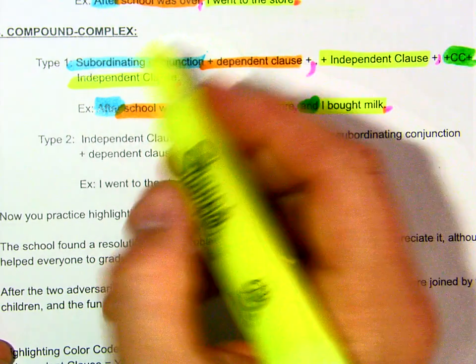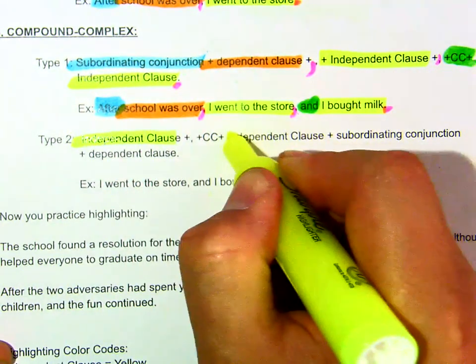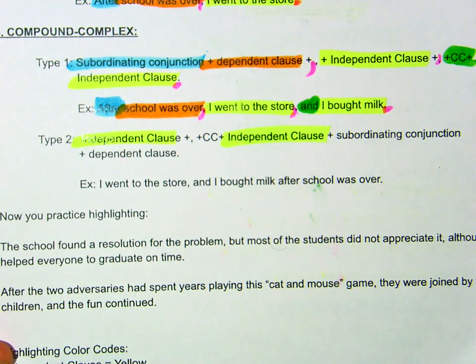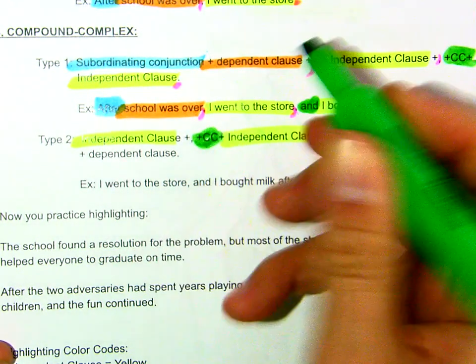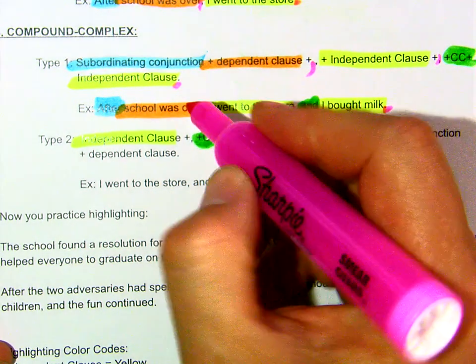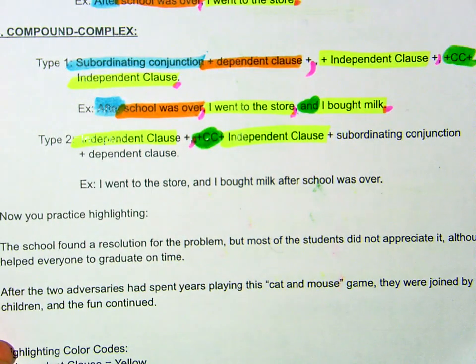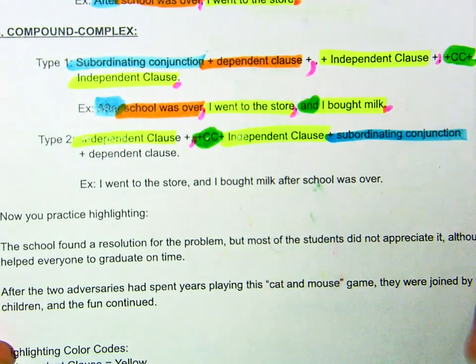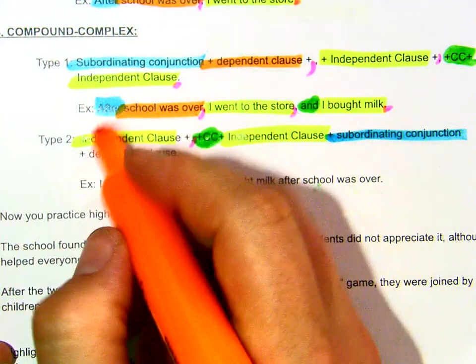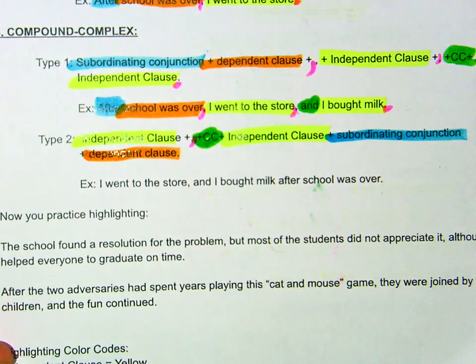Type 2 just starts off with a compound sentence, just like you learned before. So this is the part where it would say, I went to the store and I bought milk. But then at the end, it adds the blue subordinating conjunction, the dependent clause, and then the period.